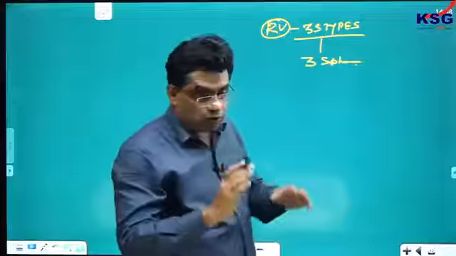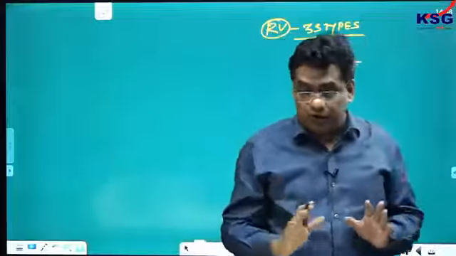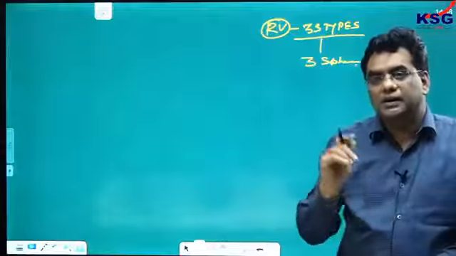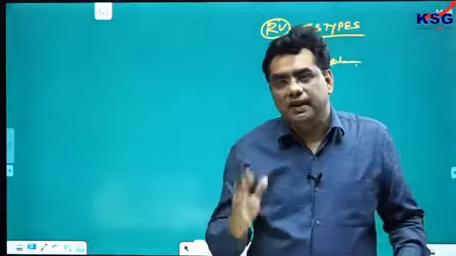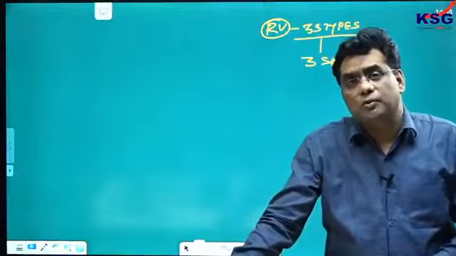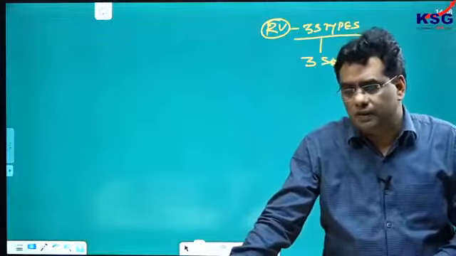Sometimes we call 33 koti. Koti, that's not 33 crore. This is wrong. 33 types divided in three spheres. Right? So 33 types of the God divided in three spheres.